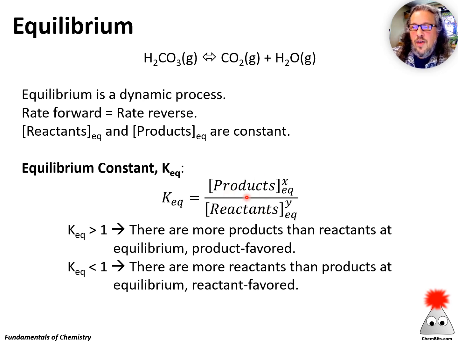So we call that a product-favored equilibrium. If KEQ is less than 1, well, now it's just the opposite case, right? The bottom number is bigger than the top number. There are more reactants than products. We call that a reactant-favored equilibrium.